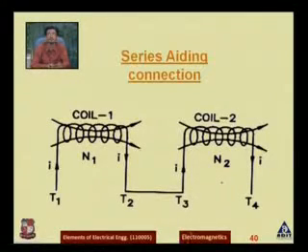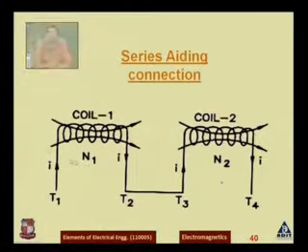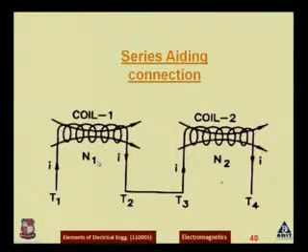Let us see that in this case the series aiding connection is put up. What you can see is that the two coils, coil 1 and coil 2, both have the induced EMF in the same direction, and the current that is flowing is also in the same direction. Here the number of turns is also the same in coil 1 and coil 2.